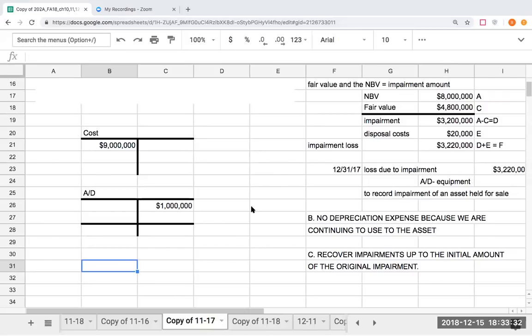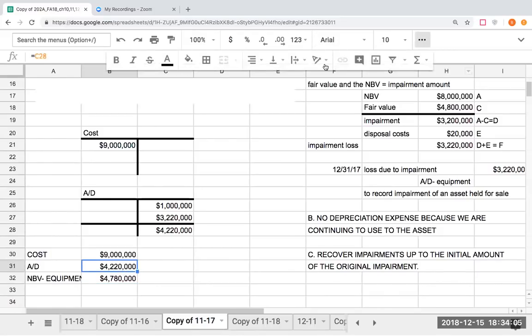Okay, so what I've done is I've brought some of my old friends back here from the last problem. When we do this impairment recovery, prior to the impairment recovery, my equipment had a net book value of $4,780,000.